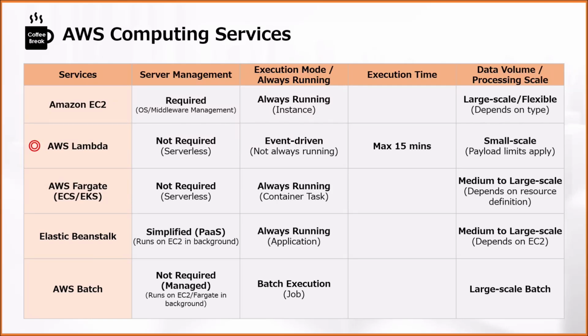In reality, there are systems that calculate inventory once every 24 hours. In systems for large enterprise factories or retail stores, large-scale batch processing is often executed at night. For massive processing, where a single runtime exceeds 15 minutes, other services should be considered.